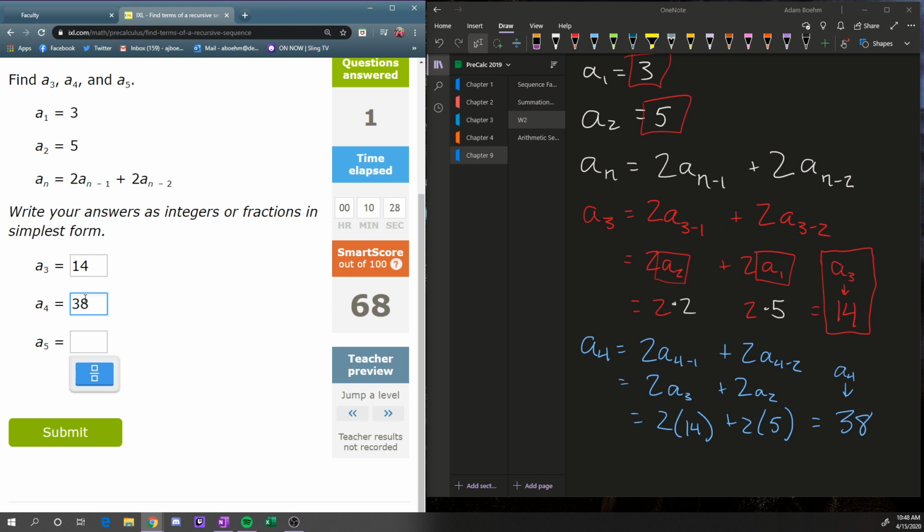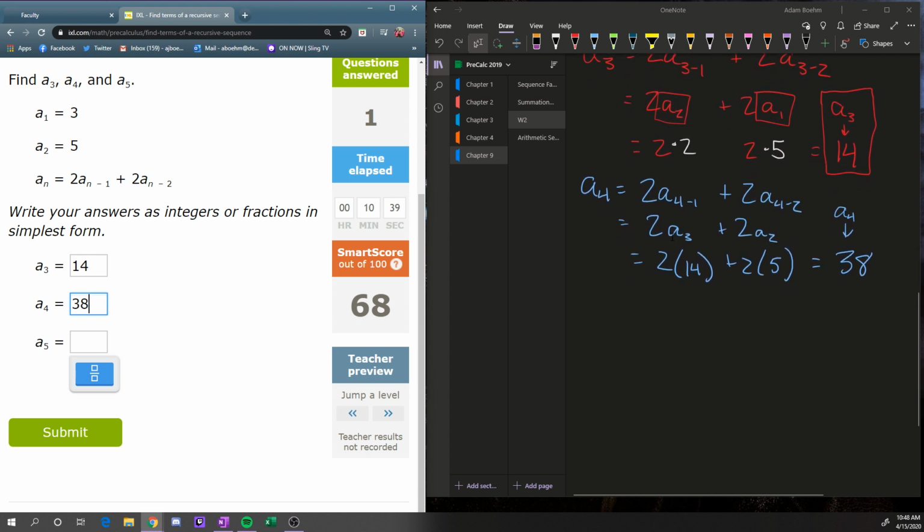So that's 2 times 14 plus 2 times 5. 2 times 14 is 28 plus 10, that's 38. And then we do the same thing for the fifth term.